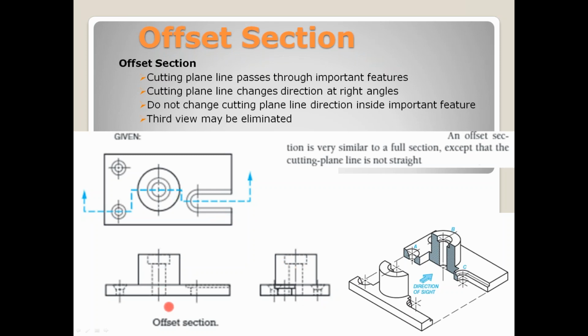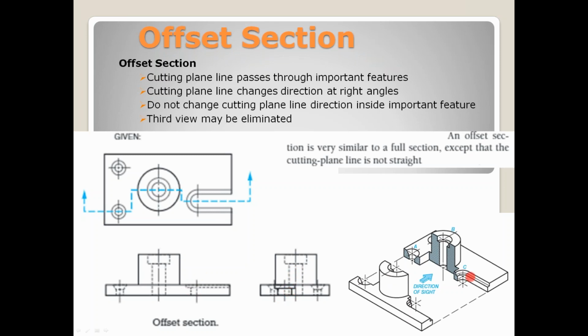As you can see in the offset section and your front view, by looking at this front view, you see the little hole there, plus that little segment here. Looking at the side view, you're going to see about the same thing, but this view is very complicated.